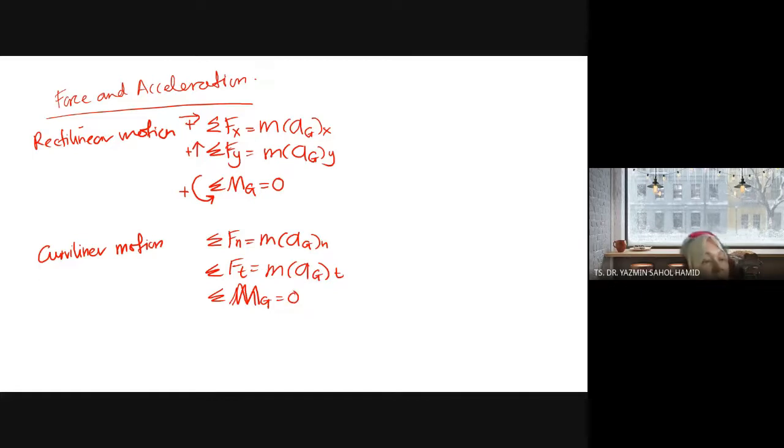Ni kalau untuk curvilinear. Tapi konsep dia samalah. Okey, saya tak pastilah arah Fn tu, Ft tu atau moment tu arah mana sebab dia bergantung kepada soalan. Okey, let's say kita assume dia macam ni positif, dia macam ni positif. Contohnya. Okey. So untuk today's class kita nak buat soalan force dan acceleration.